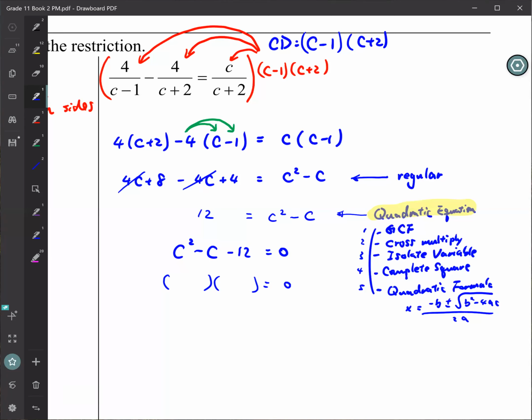Okay, please raise your hand if you finish the factoring. Anyone forgot how to factor?